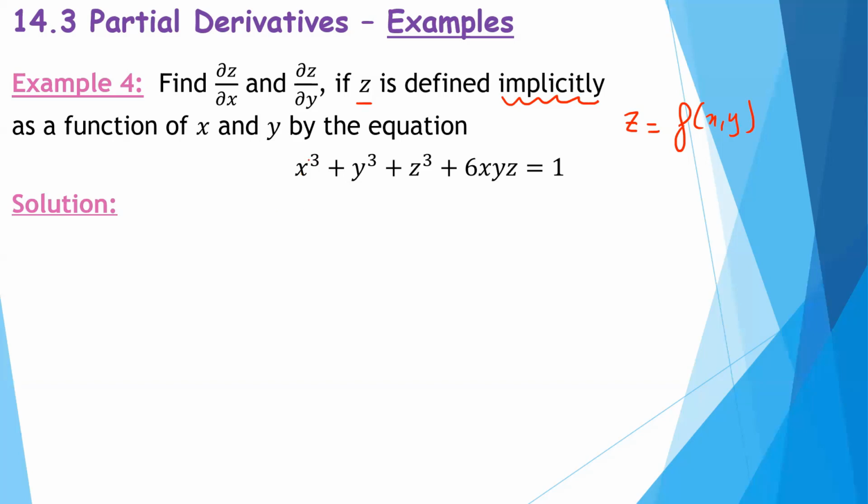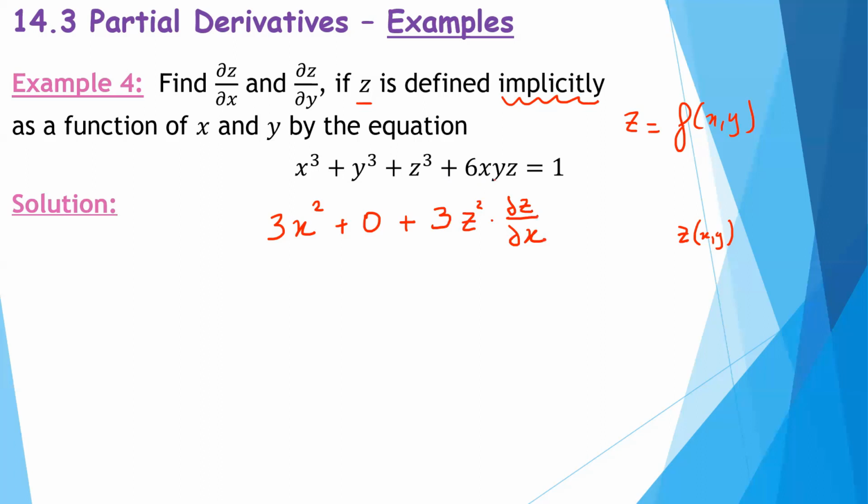If we derive x cubed with respect to x, we'll have 3x squared, plus y cubed doesn't depend on x, so it's 0, plus z cubed. Here, be careful, z is a function of x and y. So the derivative of z cubed with respect to x is 3z squared, but times the derivative of z with respect to x.